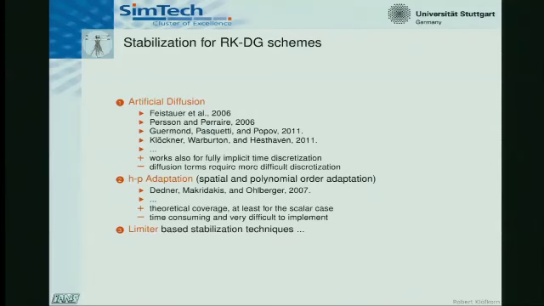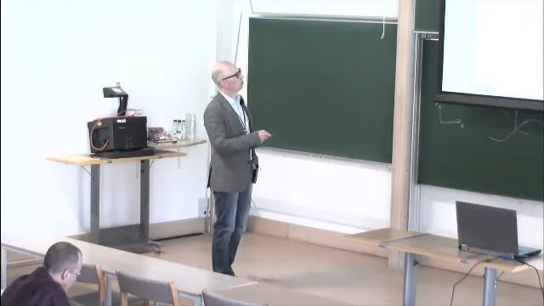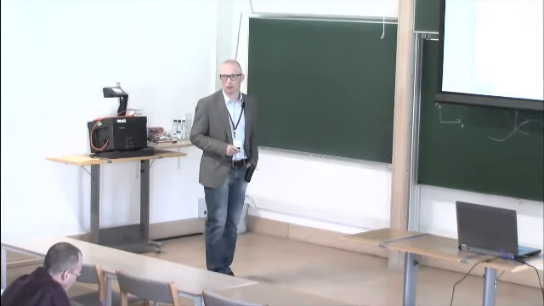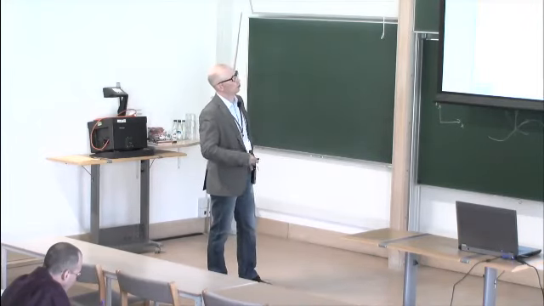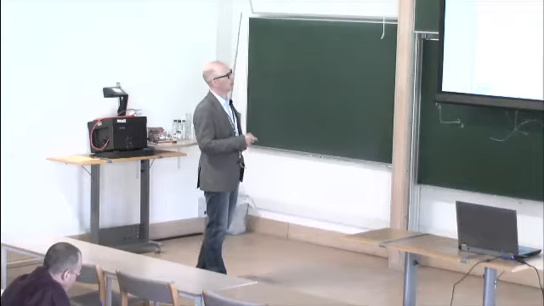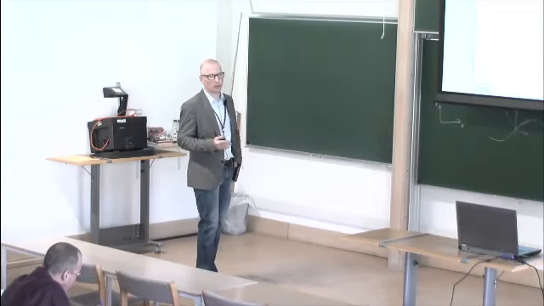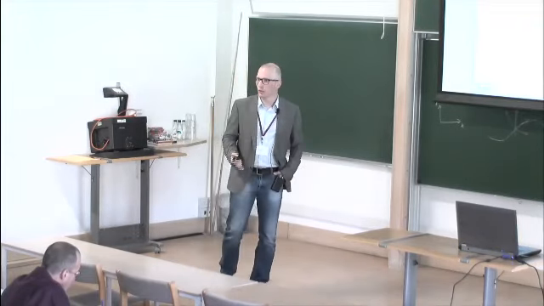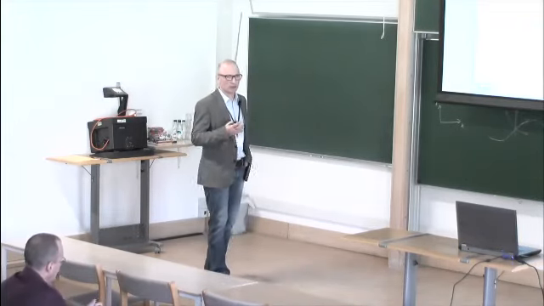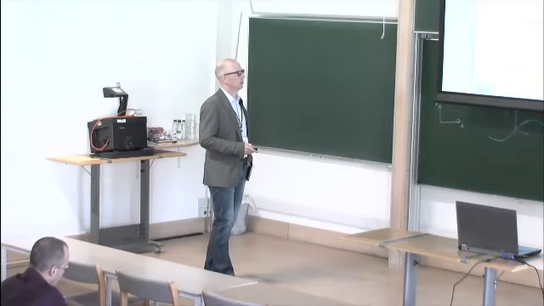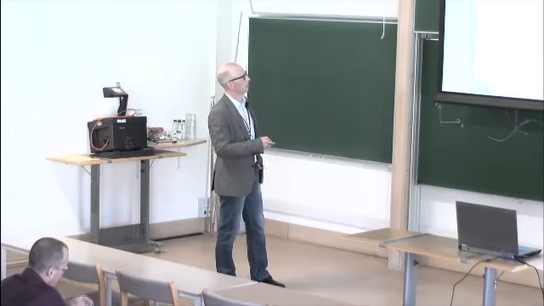There's a work here by Andreas Stedner, Babis Makridakis, and Mario Ohlberger for a scalar problem where they prove some theoretical error estimate and show how this could work. But the problem here is that this is really costly. So maybe for 3D Navier-Stokes it's not yet the right thing to do, but it's an idea.